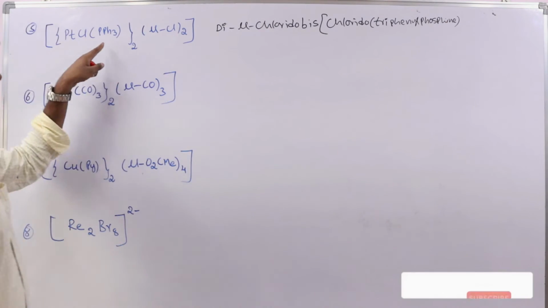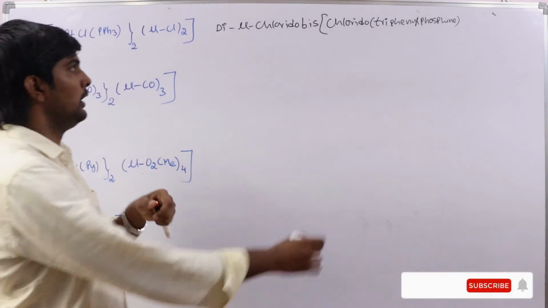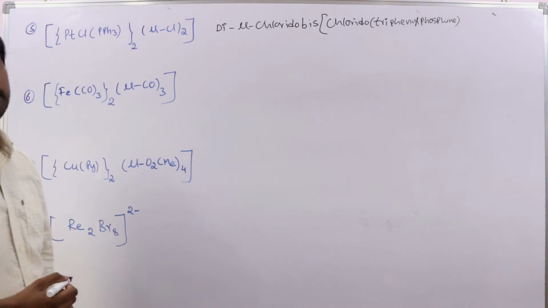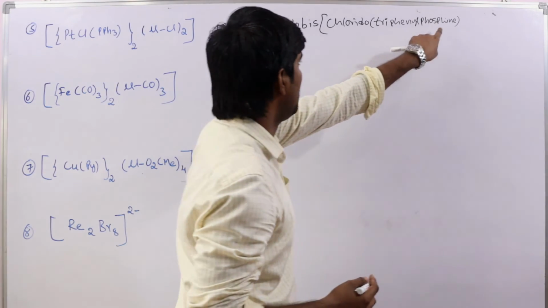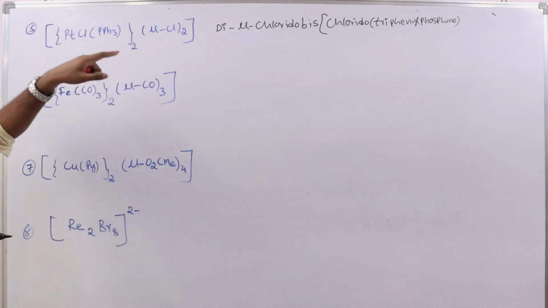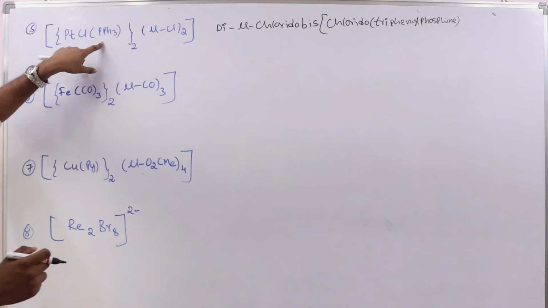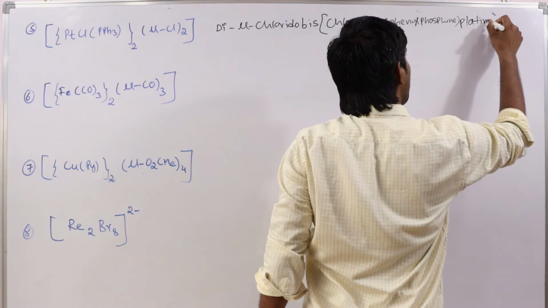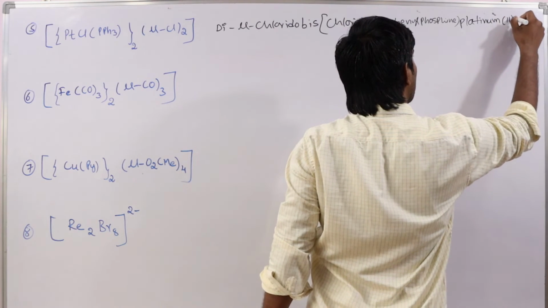See, this ligand name is triphenyl phosphine. Here we have tri, so that's why we write it within the brackets, because we have tri. Triphenyl phosphine, that is the name of this ligand. Platinum 2.